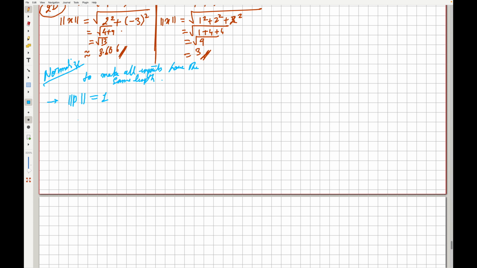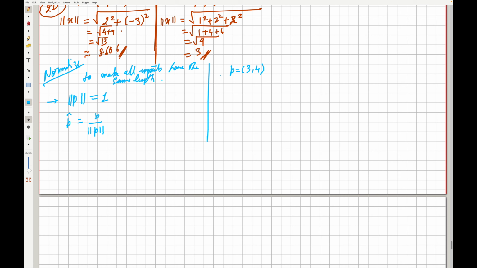To normalize a vector, what we do is divide it by the norm, the length of p. Let's say we have the vector p equal to (3, 4).